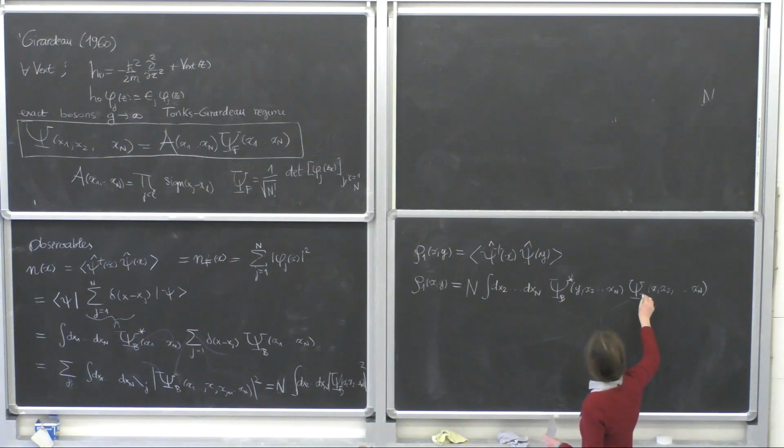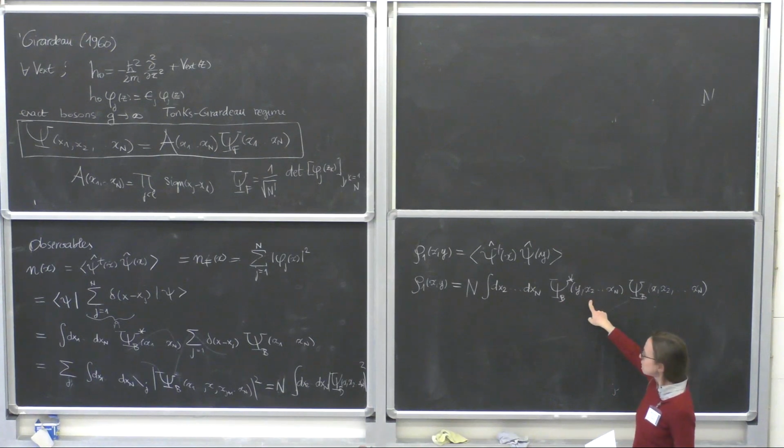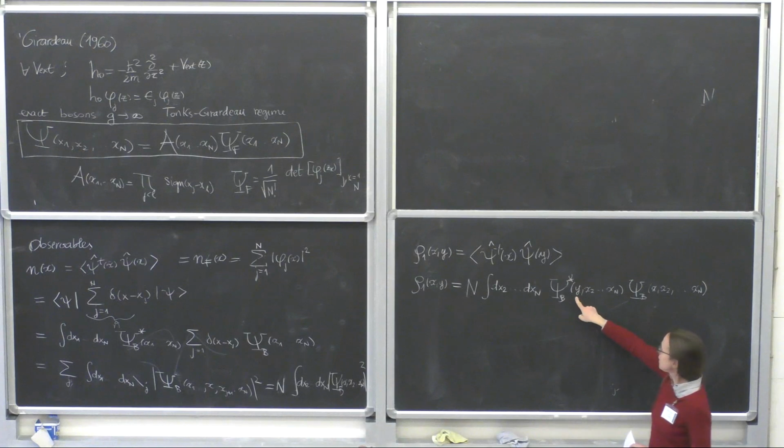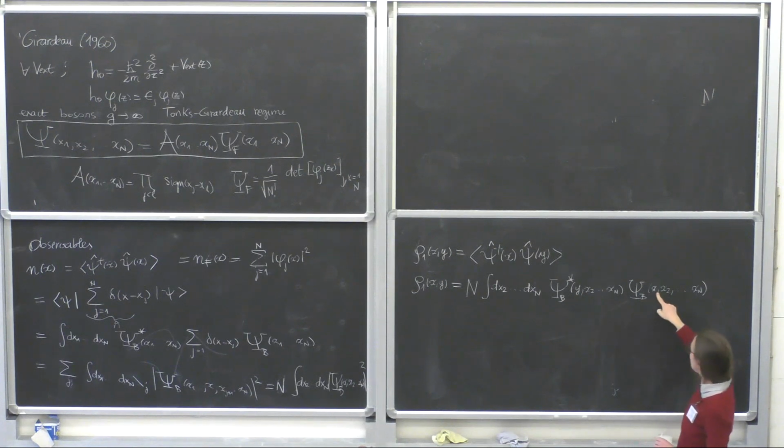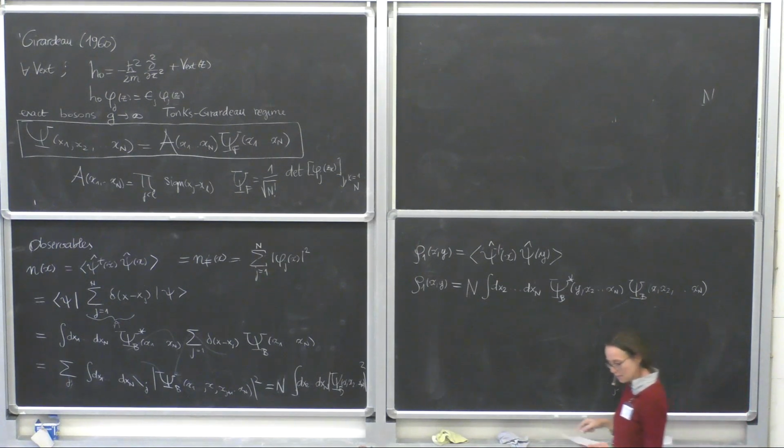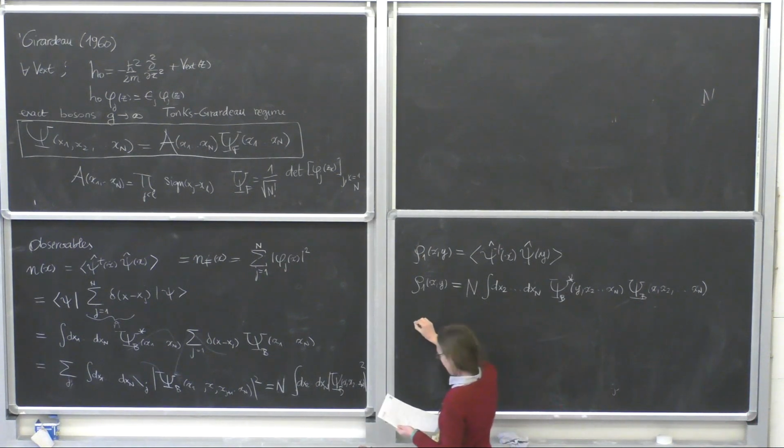Now I plug into this the Girardeau wave function, and there you see that since here it's calculated in y and here it's calculated in x, the sine function will remain. And in fact, that's what's actually happening.